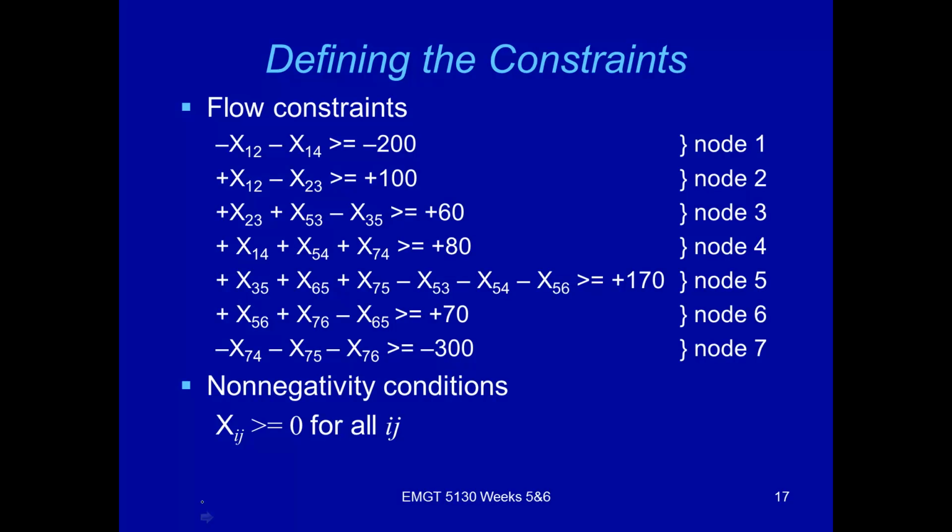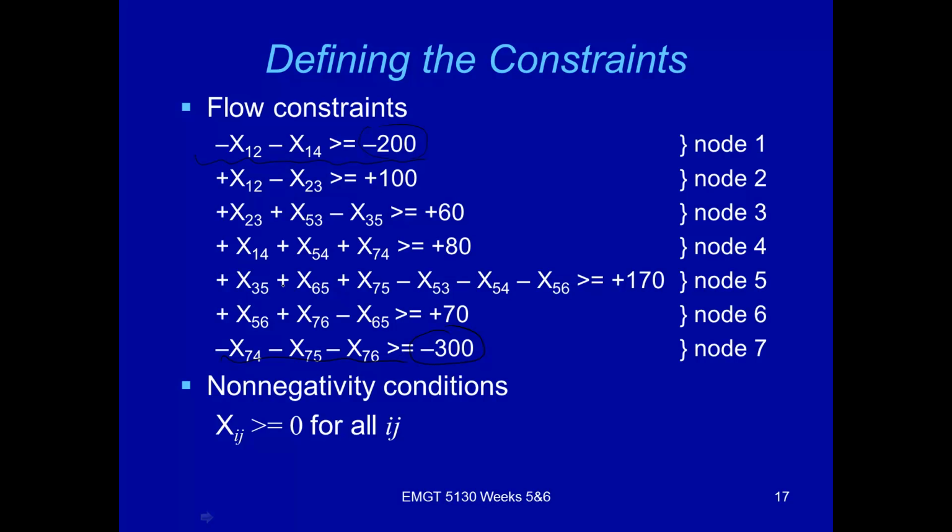And for all the other constraints, we put them all in the same format. So, for example, by looking at this constraint, you can tell that's a supply node because it has a negative value here.